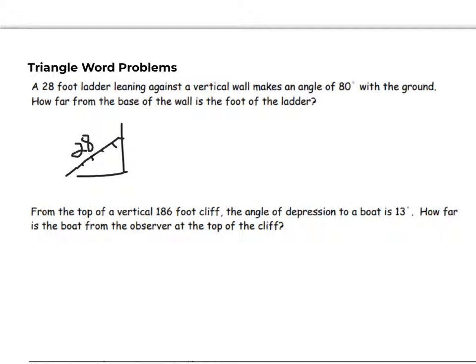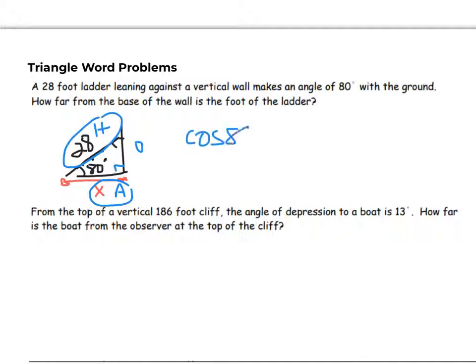It makes a degree of 80 degrees with the ground. And it says how far from the base of the wall, so that's here, is the foot of the ladder there. So that's where I'm going to put X. And now we label HOA. X is what I care about. H is where I have a number, so A and H means I'm going to use cosine.